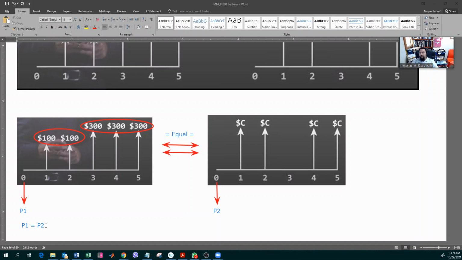Now, the other condition for A is that when you roll back an annuity into present value, it brings it to the period immediately before. So these two 100s will get rolled back to the period immediately before, and these three 300s will get rolled back.